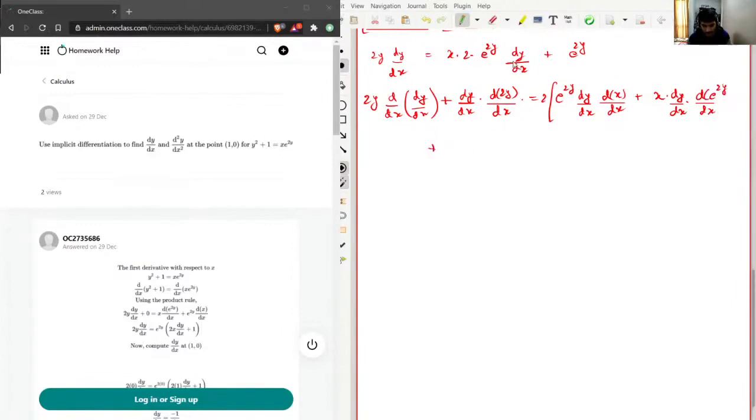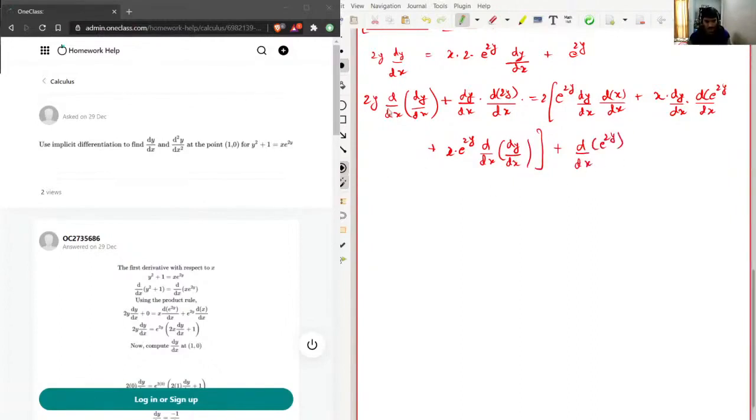plus, I'll keep these two constants, so this will be x times e power 2y and the differentiation of dy by dx, and this will be d dx of e power 2y.